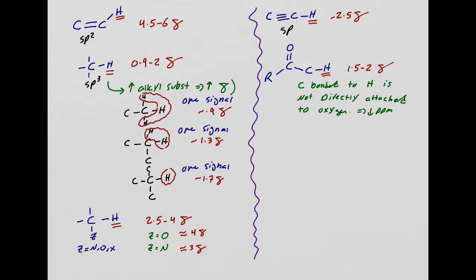If you go back over here, when the carbon bonded to hydrogen is not directly attached to an oxygen, it is going to be lower ppm. Here, the carbon is not directly attached to an oxygen, but it is attached to a carbonyl, and that's going to end up at about 2 ppm. So again, the carbon bonded to the hydrogen is attached to a carbonyl.